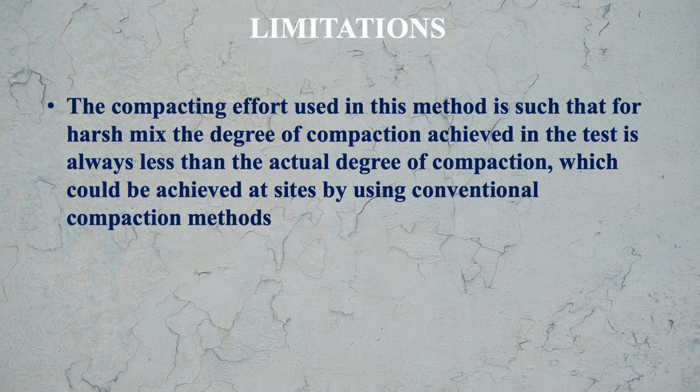The compacting effort used in this method is such that for harsh mix, the degree of compaction achieved in the test is always less than the actual degree of compaction which could be achieved at site by using conventional compaction methods. So these are the limitations of this test.